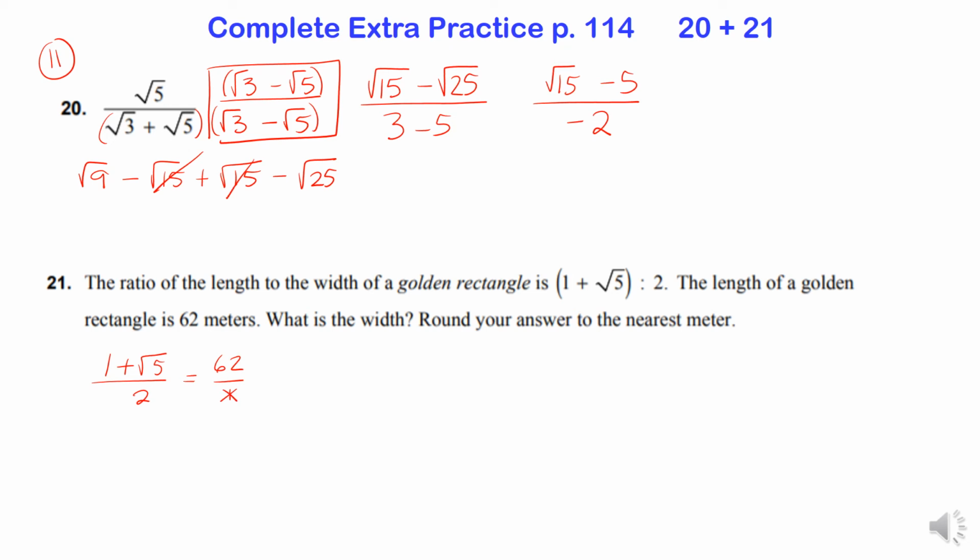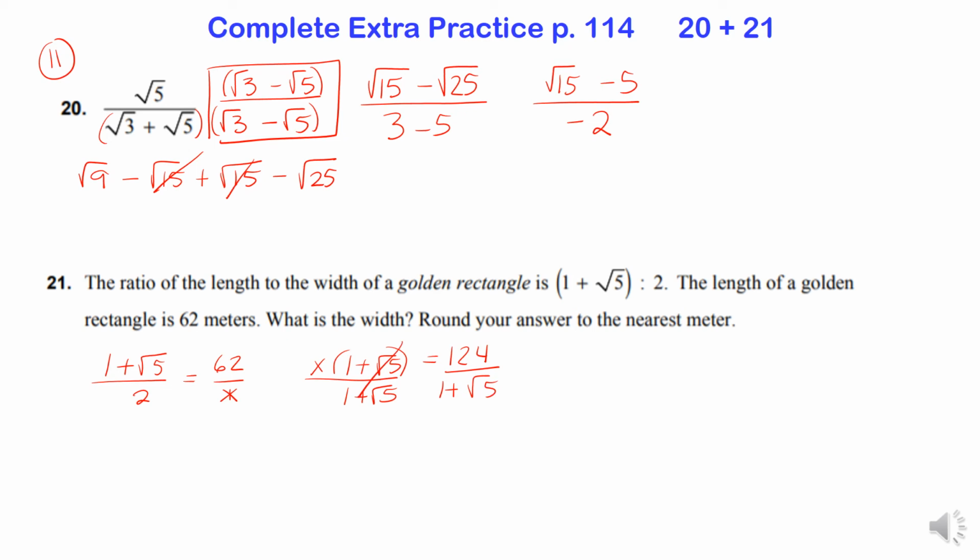I'm going to cross multiply, I get x parentheses 1 plus square root of 5 equals 2 times 62 is 124. And then I'm going to divide both sides by 1 plus square root of 5. And that's what equals x.